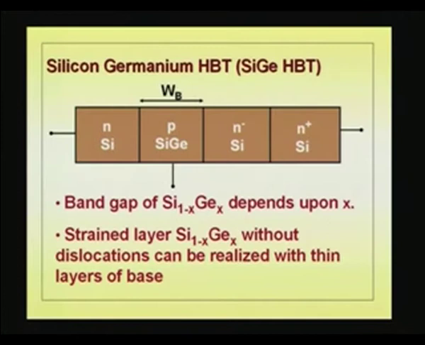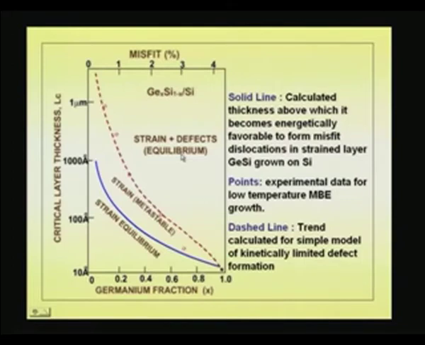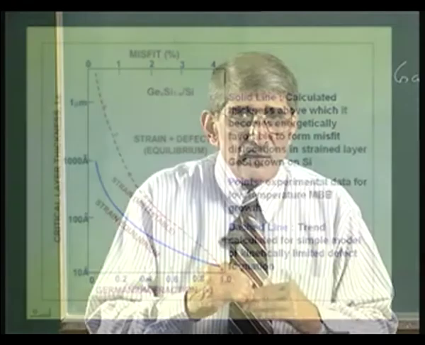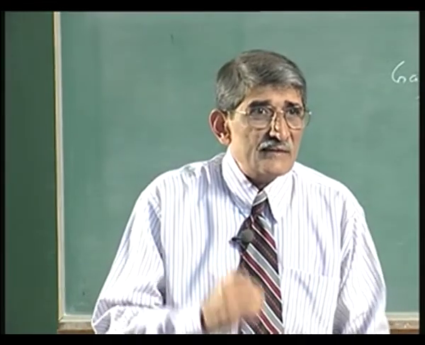So, if you have to grow a layer over that, how do you do that? This diagram, in fact, is a very popular diagram; silicon germanium people always will flash this. What you have on the y axis is the critical thickness of germanium on silicon or silicon germanium on silicon substrate. I have discussed this earlier when I talked of strain layers.